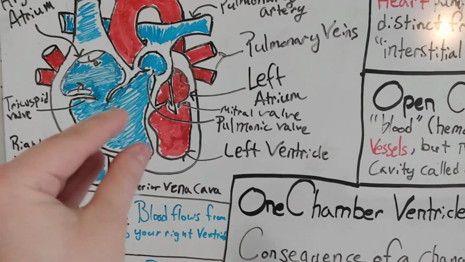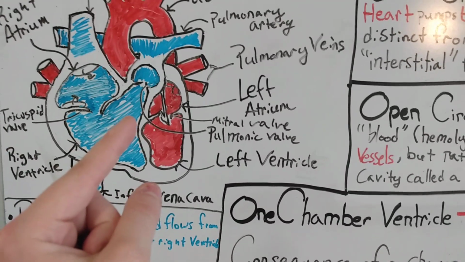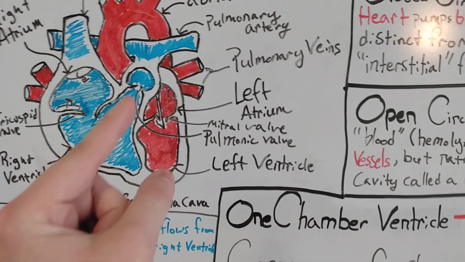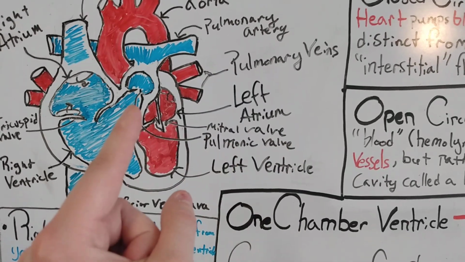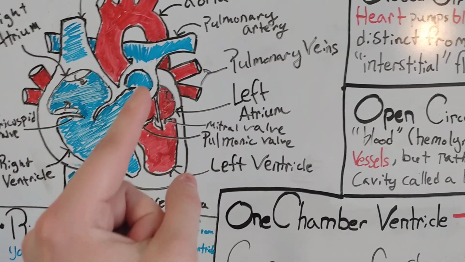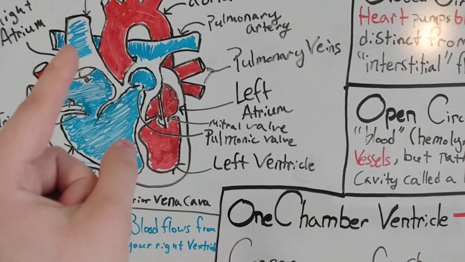So this tricuspid valve will close, the ventricle will contract, and then the blood will go up through this pulmonic valve, pardon me, up through this pulmonic valve and into the pulmonary artery, right?